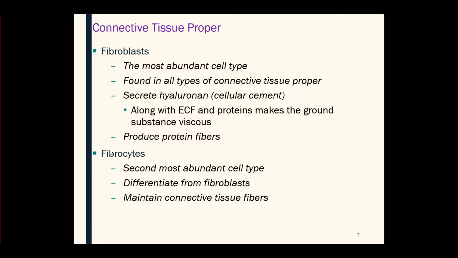One of the major things about cyte cells is their job is to maintain the connective tissue. So the blast cells produce the connective tissue, the cytes maintain. We're going to see that throughout the semester. This is the second most abundant cell type, and as I mentioned before, they differentiate from the fibroblasts, and their job is to maintain the connective tissues.